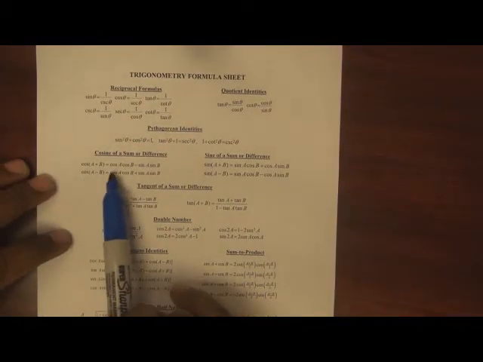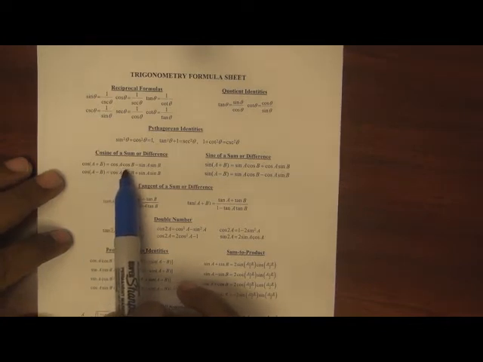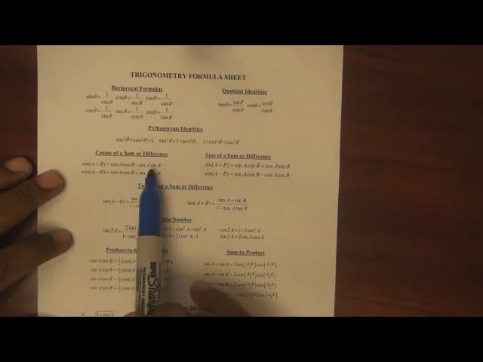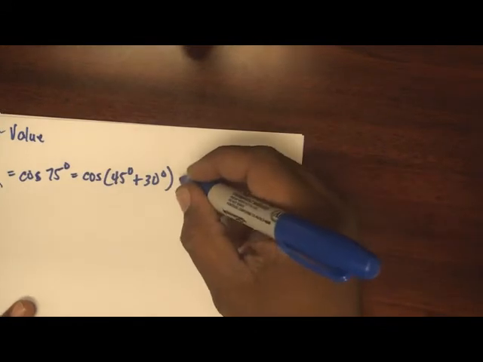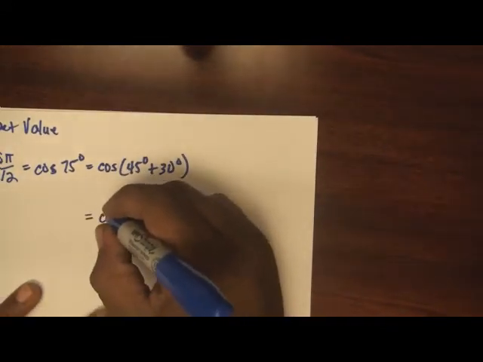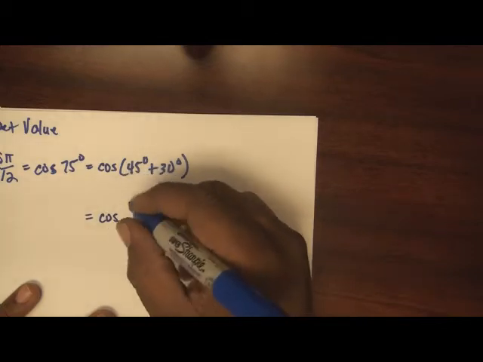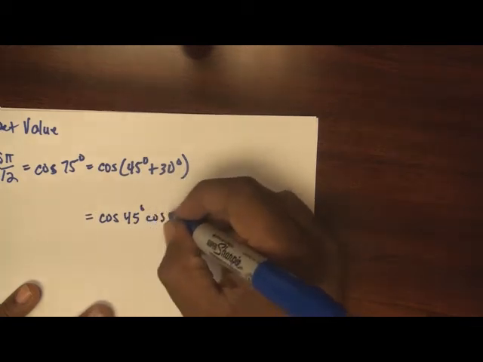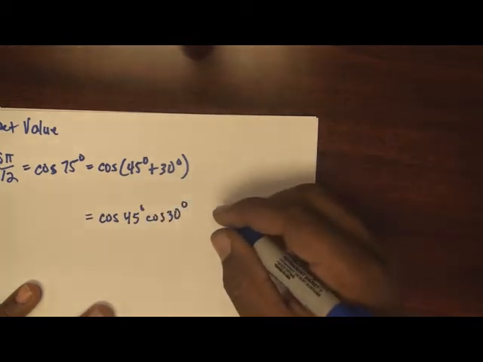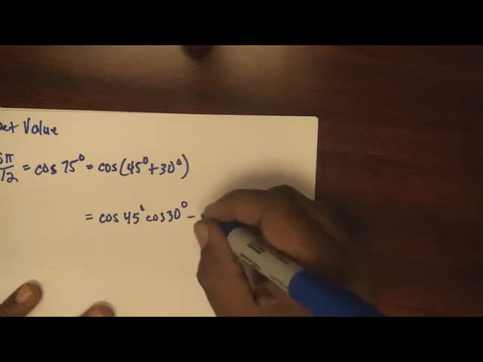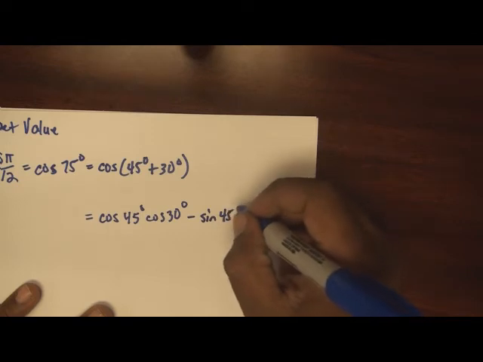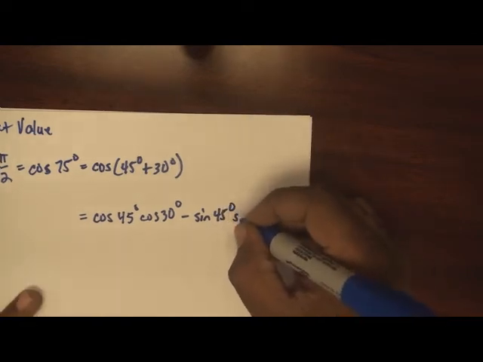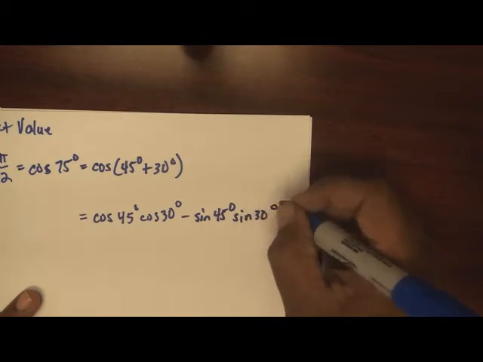So if you take a look at your formula sheet, the sum of cosine is equal to cosine A times cosine B minus sine A times sine B. So I'll simply write this out as the cosine of A, which is 45, times the cosine of B, which is 30 degrees, minus the sine of A, which is 45 degrees, times the sine of B, which is 30 degrees.